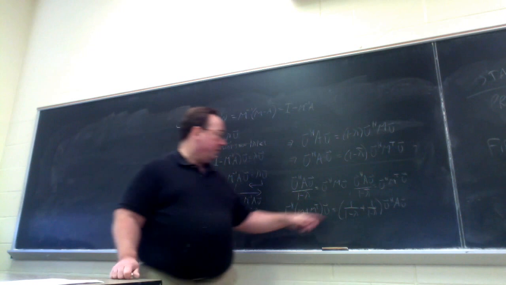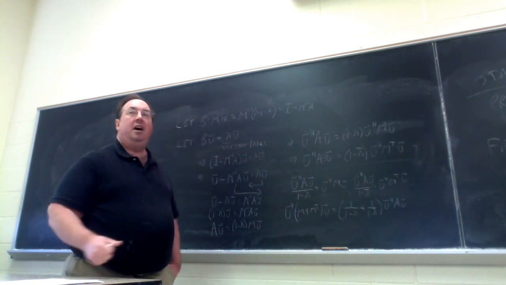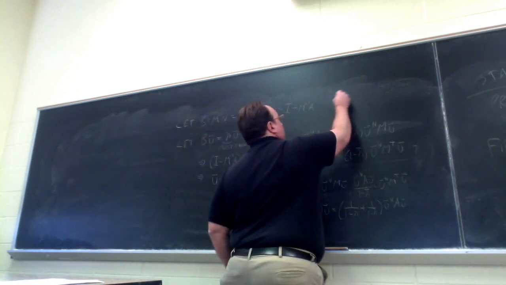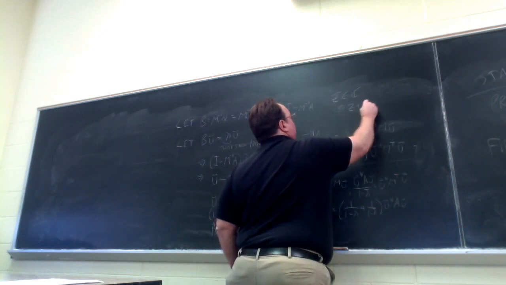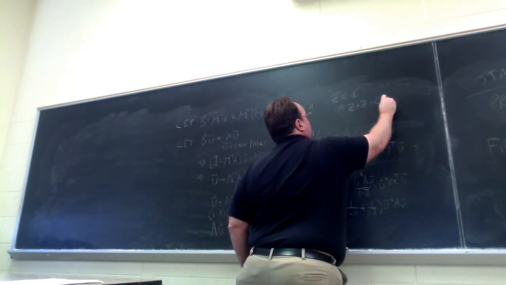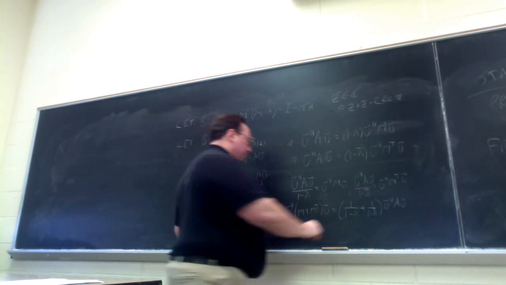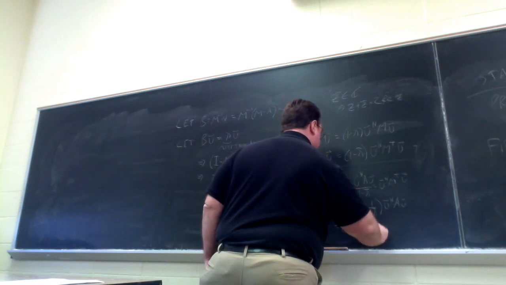But here we have a complex number plus its own conjugate. So, fun facts about complex numbers: if you add a complex number and its own conjugate, you get twice the real part. Okay. So that's what we have here. 2 times the real part of 1 over 1 minus lambda.